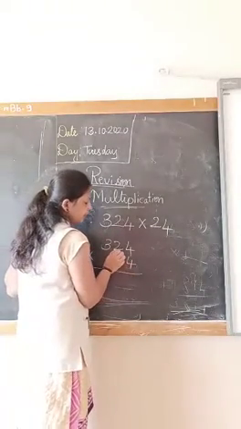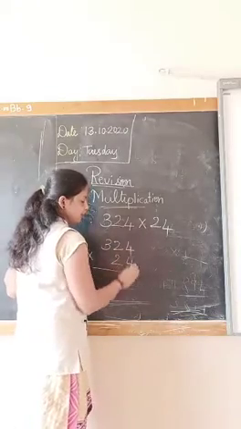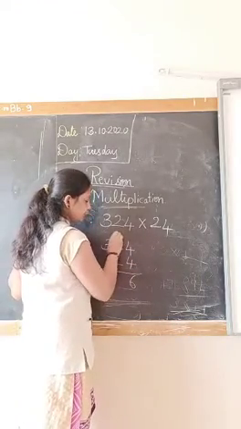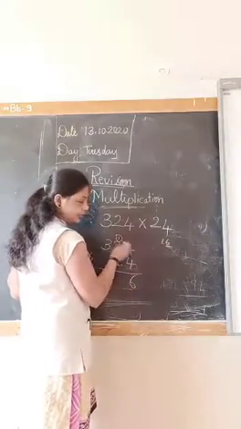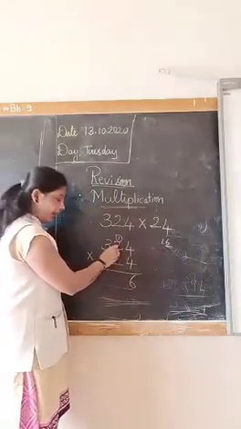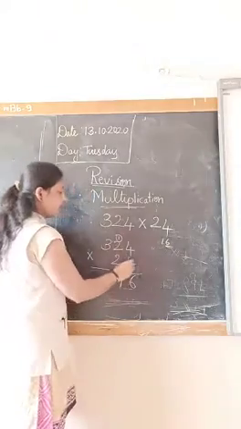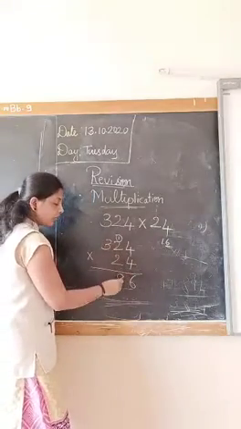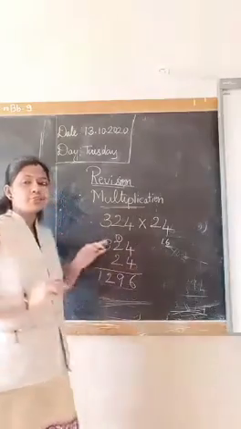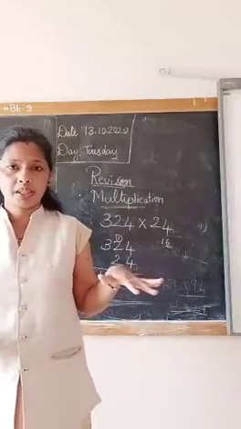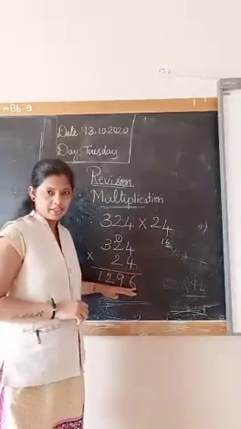Forget about 2 for now. 4 4s are 16, 6 you write here and 1 carry over. 4 2s are 8 plus 1 is 9. 4 3s are 12. So the first step is done. It is the partial product.